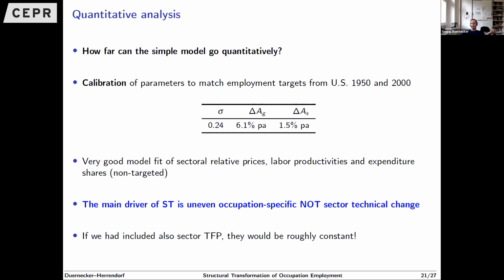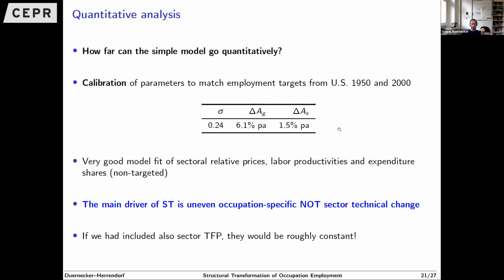The purpose of the quantitative analysis is to see how far the model can go quantitatively in order to match the observed structural transformation. We calibrate the model parameters to match employment targets for the US for 1950 and 2000.